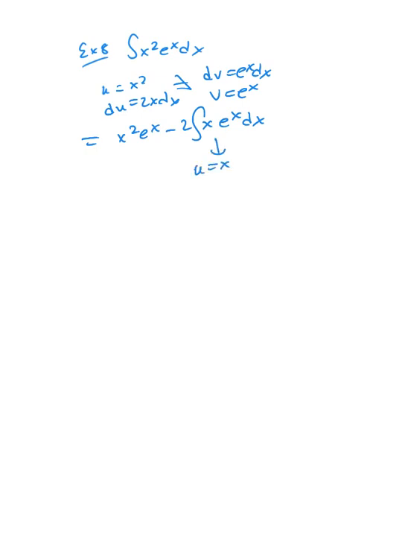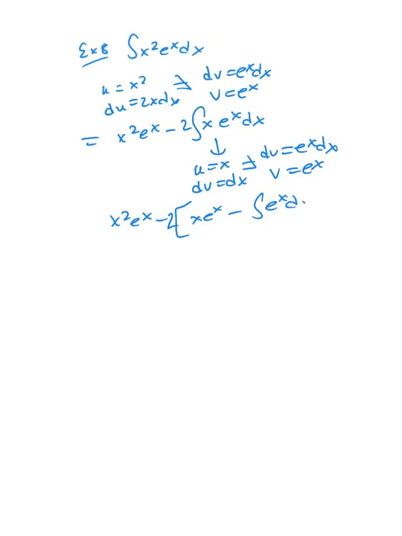I have u equals x, dv equals e to the x dx, so v equals e to the x. So it's uv minus the integral of v du. Lucky number 7. So I have x squared e to the x minus the quantity, I'll put the 2 out front, minus 2 times the quantity u times v minus the integral of v du.